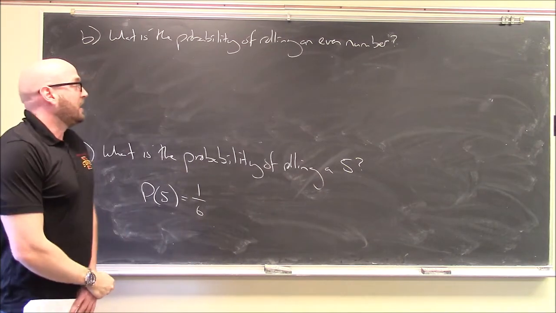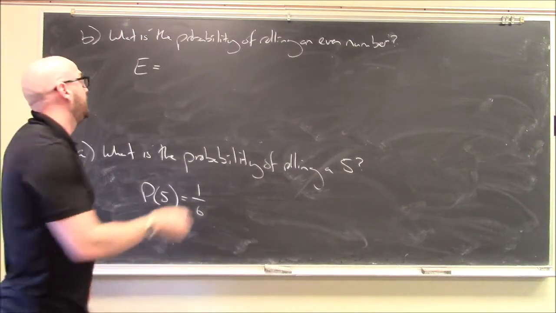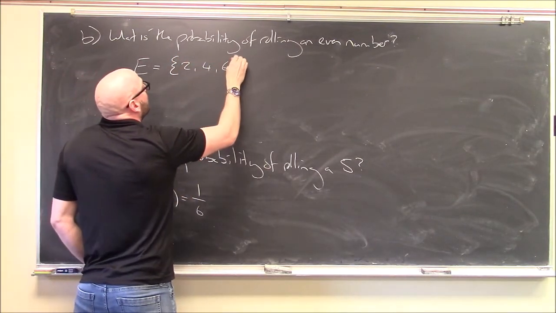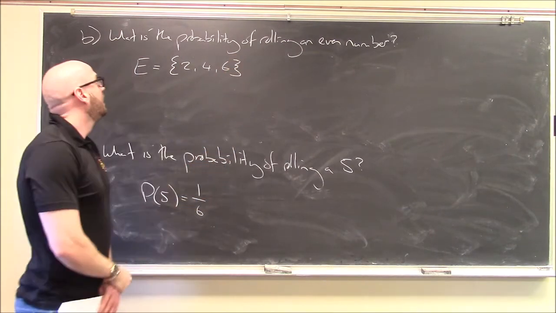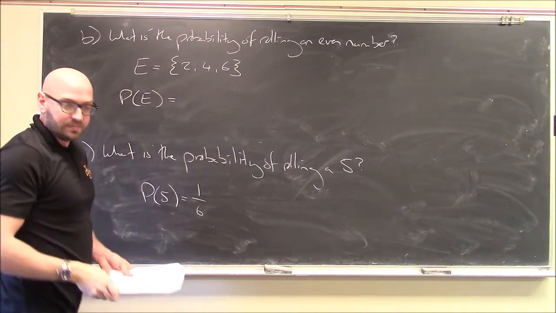And this is where events come in. This is where you want to make an event for this. So what's the event corresponding to rolling an even number? Well, the event would be you either roll a 2, a 4, or a 6. So we're asking, what is the probability of this event?